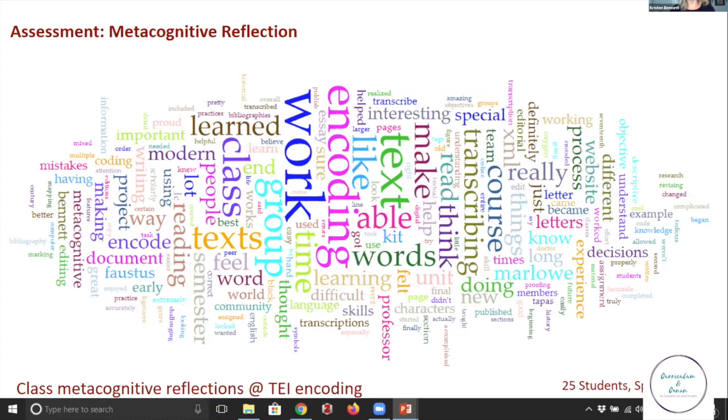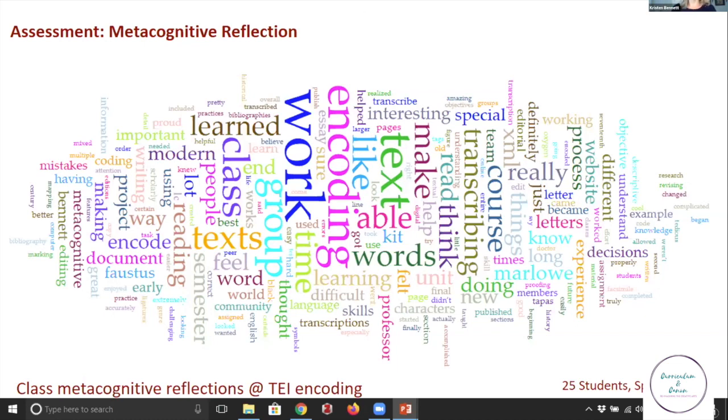To that end, I also ask students to write metacognitive reflections that consider how their engagement in slow reading as they work through the discrete tasks of scholarly editing, including document analysis, transcription, encoding, and annotation, has changed their approaches to reading and to research, and to consider what extra-academic skills they've learned from collaborating with their peers.